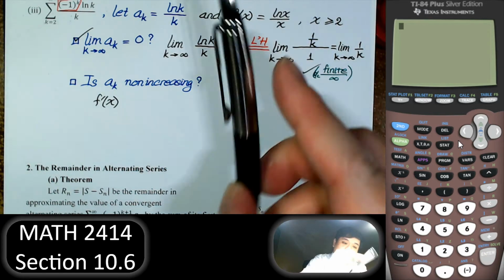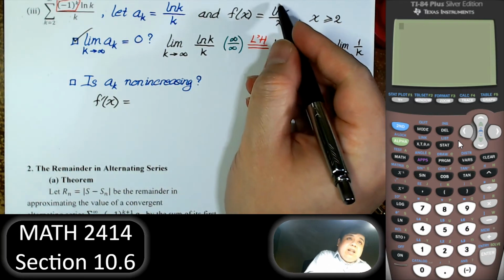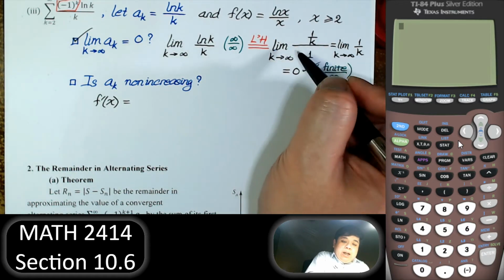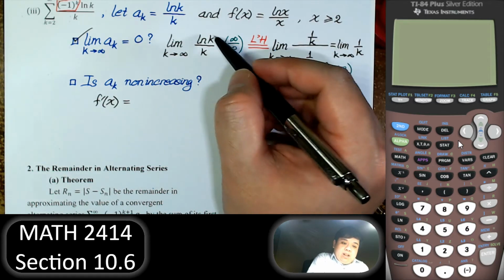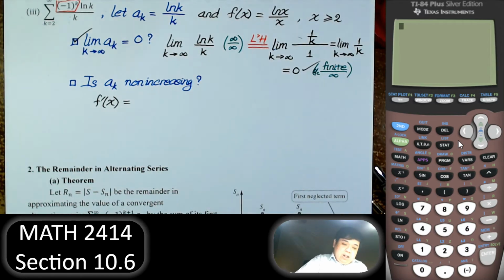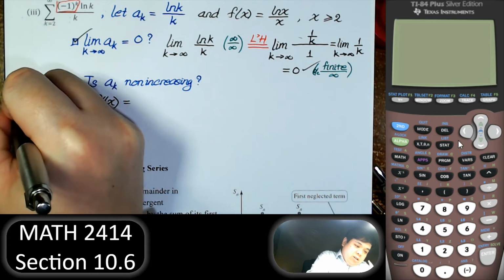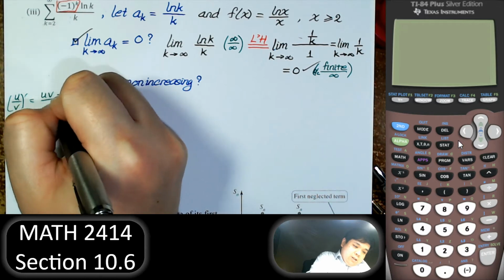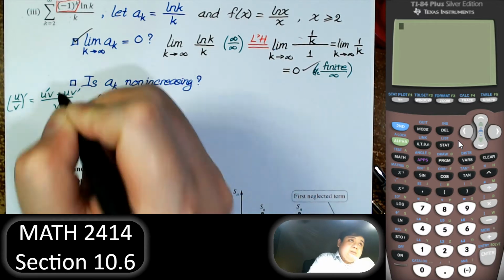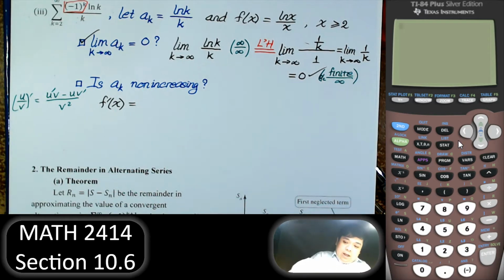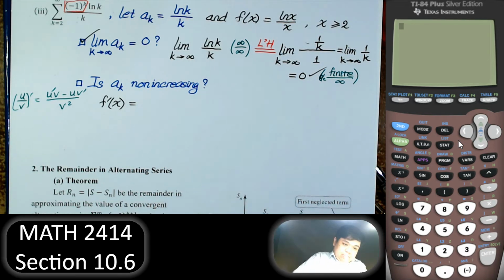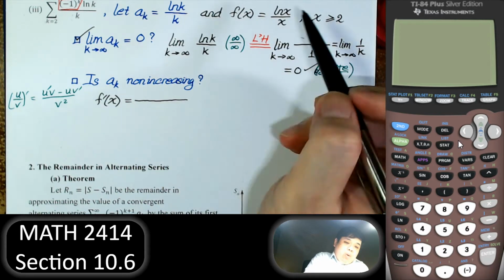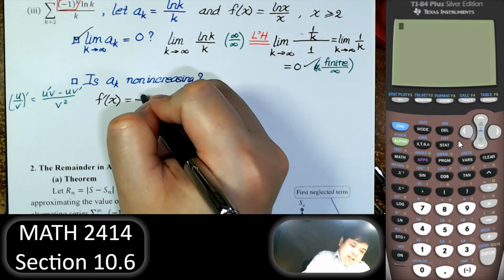Anyway, take the derivative of that. This derivative is the quotient rule. L'Hôpital's rule is a different thing, the derivative of the top over the derivative of the bottom. Here we use the quotient rule. u prime, the derivative of ln of x, is 1 over x.